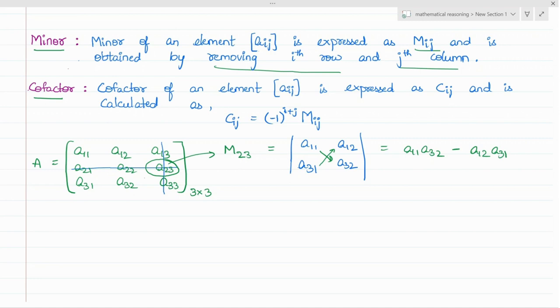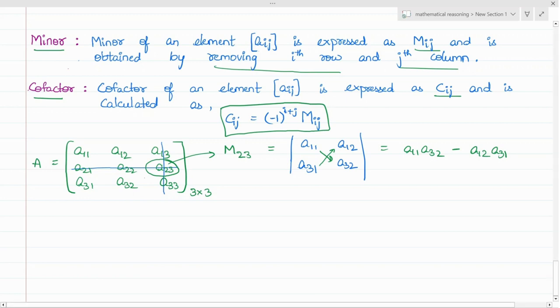So the next thing is the cofactor. The cofactor of an element Aij is expressed as Cij, and it is calculated using this formula. This Cij will depend on the Mij in one of two cases.